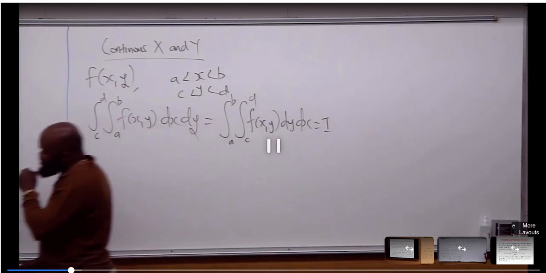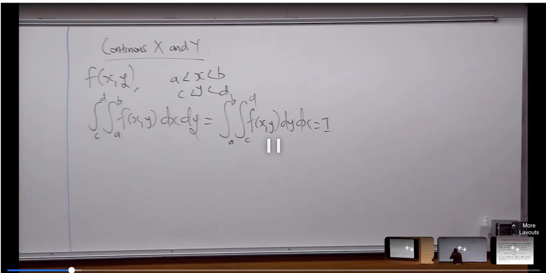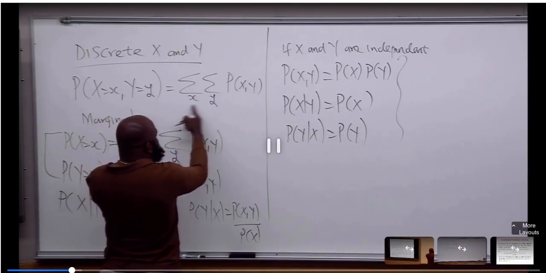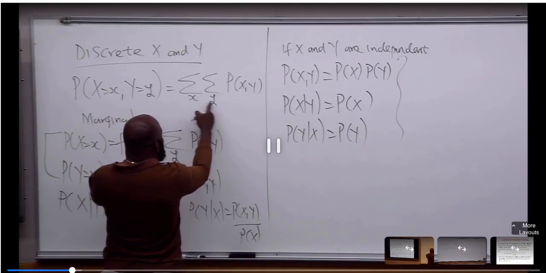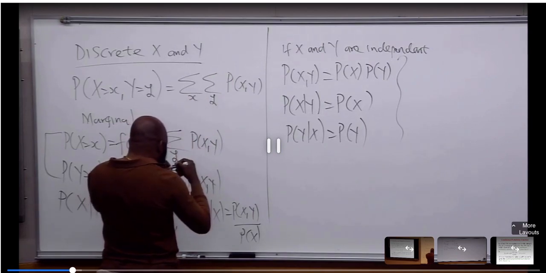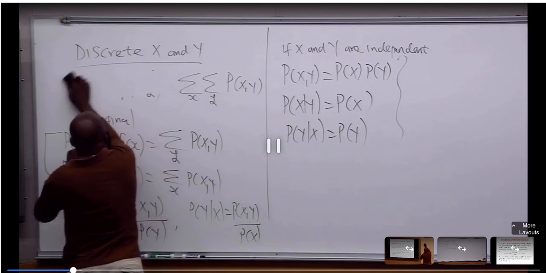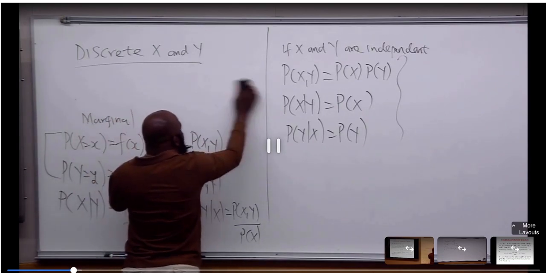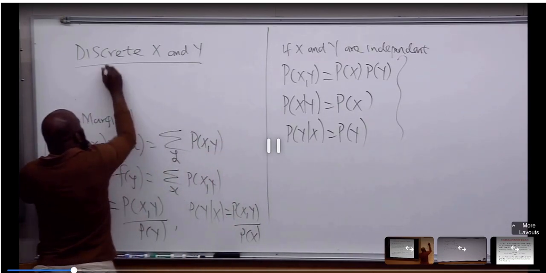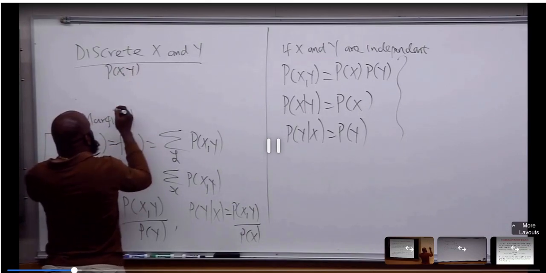The same thing is also going to play out here, in a situation where I'm summing over the state space. Let me say I have p of x, y, that's a joint.